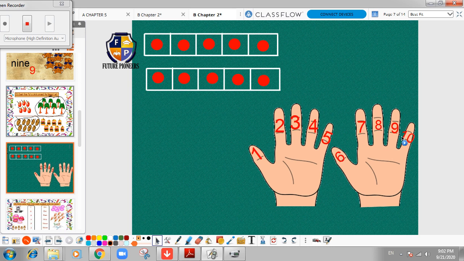I have 10 fingers in 2 hands. How can I write 10 in letters? T-E-N, 10. Here I have 10 fingers, so I draw 1, 2, 3, 4, 5, 6, 7, 8, 9, 10 dots.